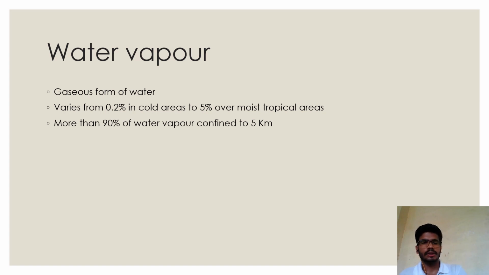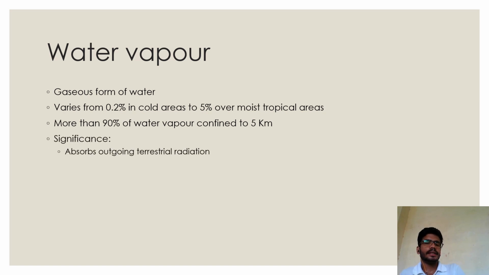That is the reason water vapor is found up to higher elevations in tropical areas in comparison to polar areas. What we also know is that 90% of the water vapor would be confined to the height of just 5 kilometers. So 90% water vapor is below 5 kilometers.